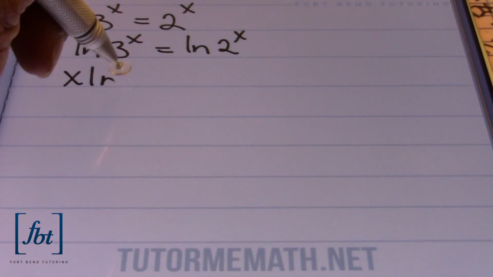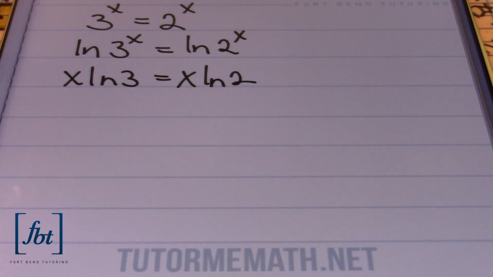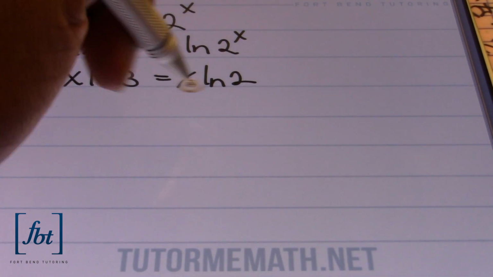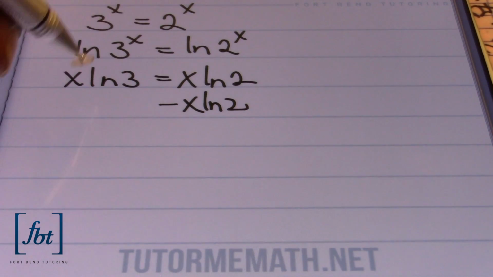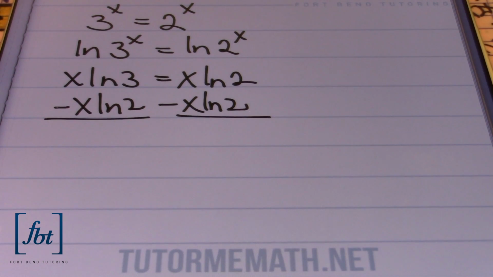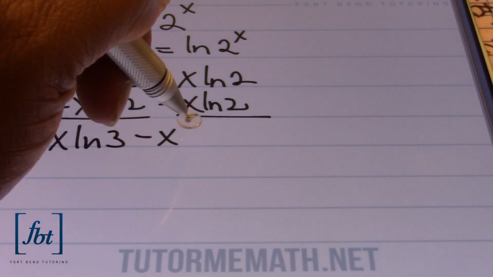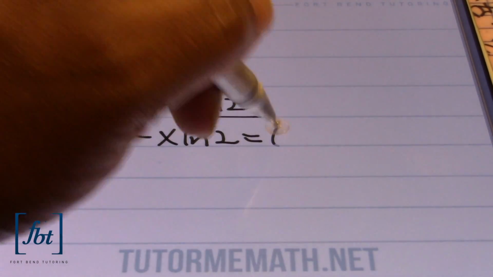So this is now x times the natural log of 3 equals x times the natural log of 2. Then I'll be subtracting x natural log of 2 from both sides of the equal sign. Rewriting our equation, we have x times the natural log of 3 minus x times the natural log of 2 equals 0.